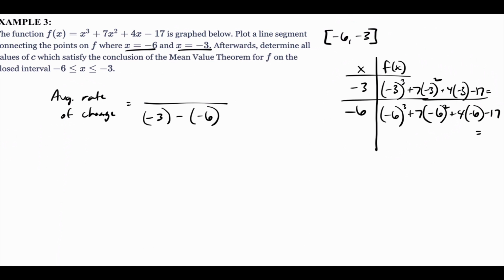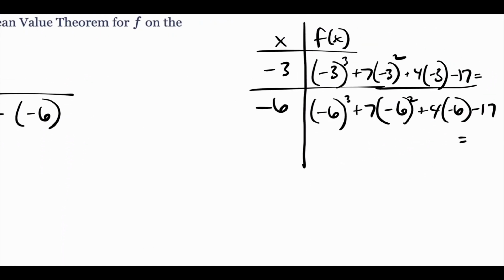Okay, so here we go. When I plugged in -3, I got -7. When I plugged in -6, I got -5.